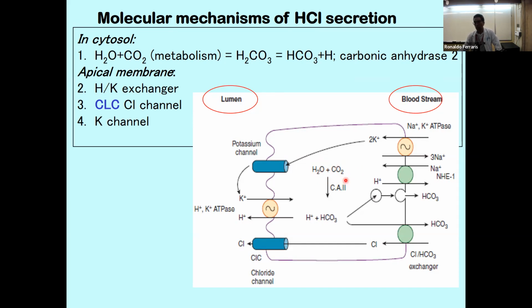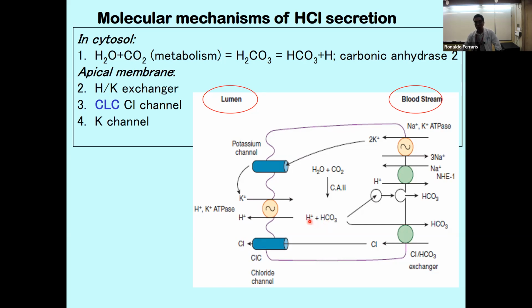So this waste product is being taken advantage of by the parietal cell. It's acted on by its carbonic anhydrase, CA2, making carbonic acid and eventually protons and bicarbonate as its final products.